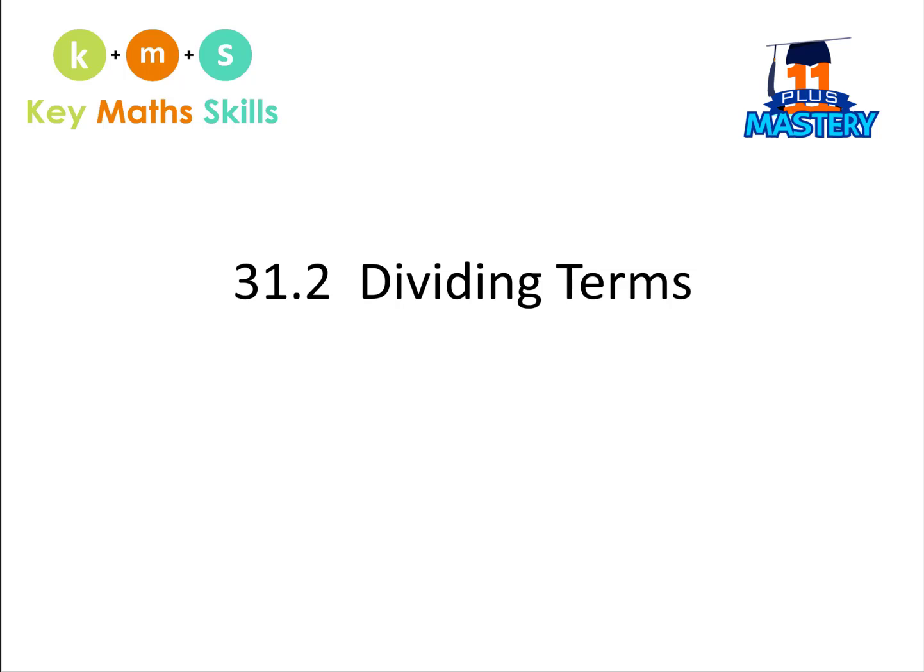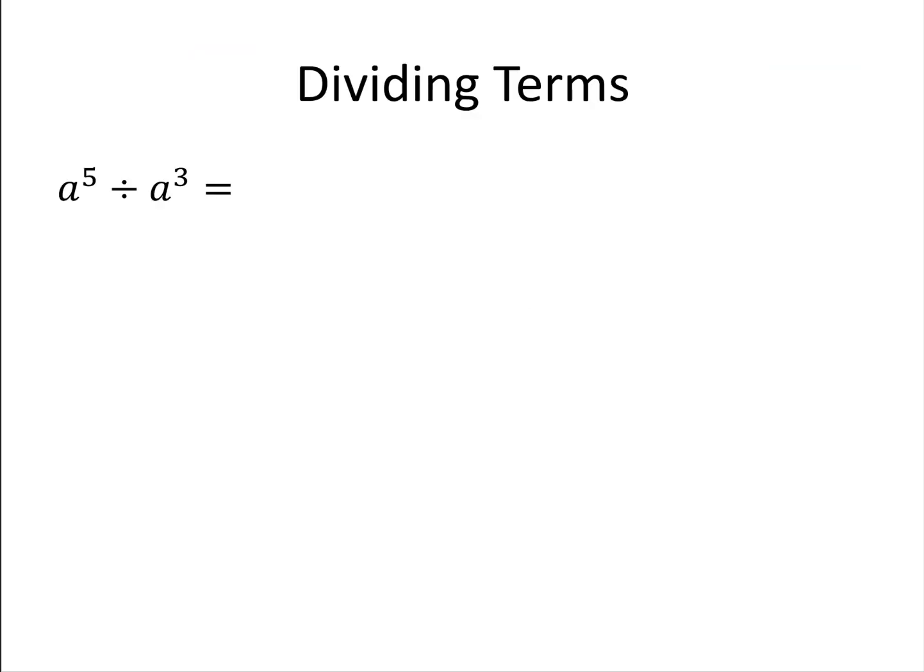Section 2, dividing terms. A to the 5 divided by a to the 3. Well, we know that divide by sign is the same as a fraction line. So that's the same as a to the 5 over a to the 3. Well, a to the 5 is 5 a's multiplied together, and a to the 3 is 3 a's multiplied together. I can then cross-cancel or cancel down the terms.